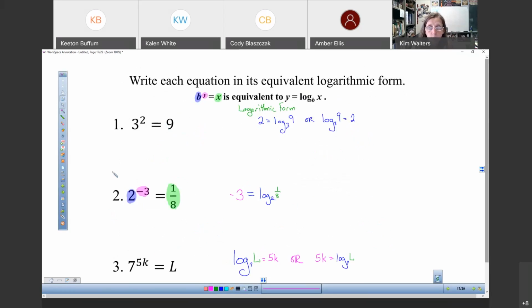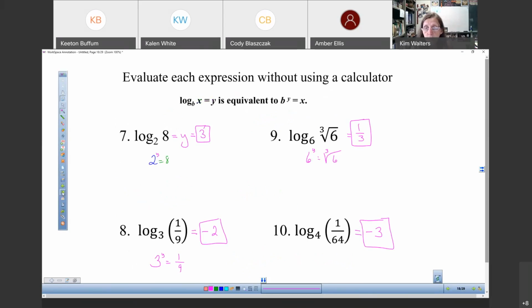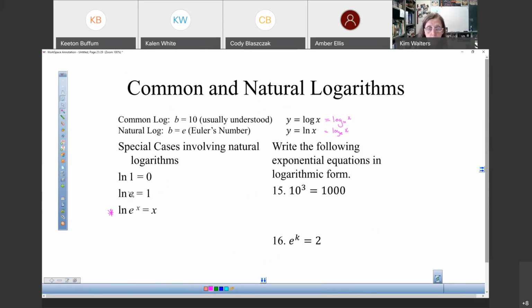Exponential to logarithm, okay? So think exponential to logarithm. That means I need to know what my exponent is. So that's going to be 3 is equal to, and I'm going to write it out like this, log base 10 of 1,000.